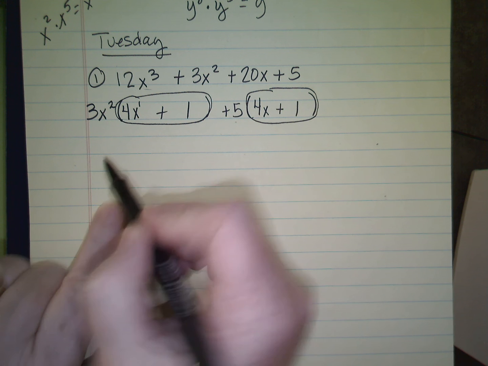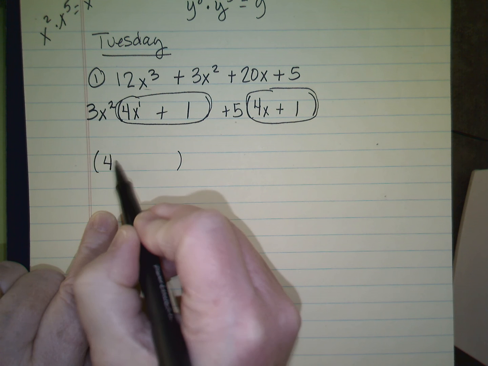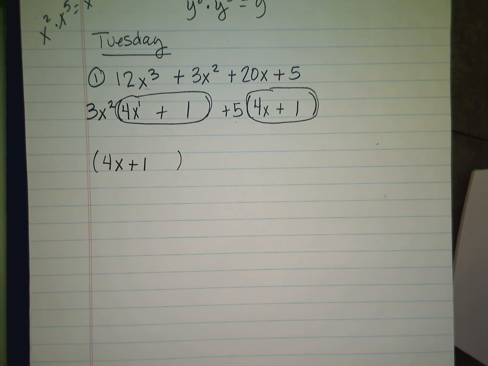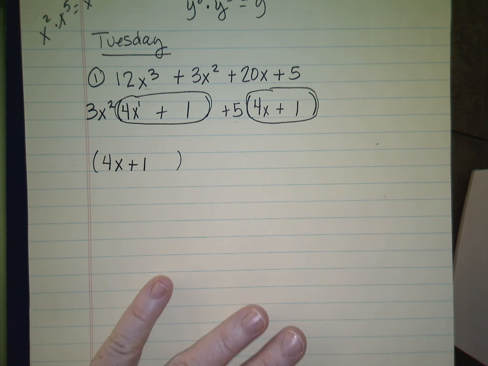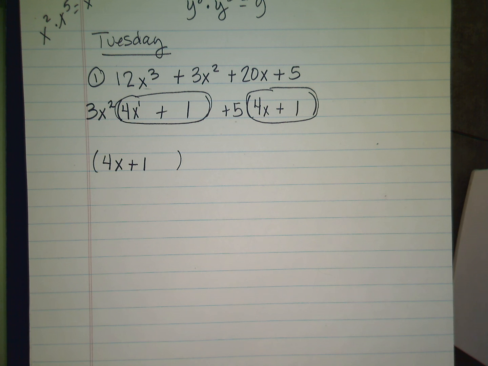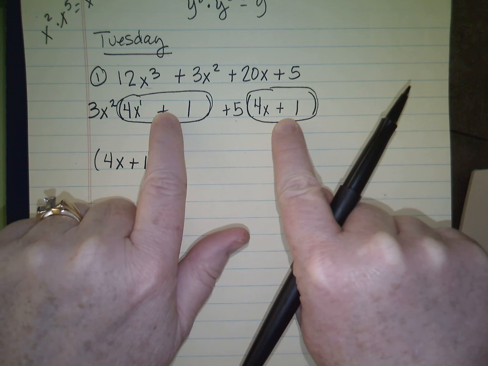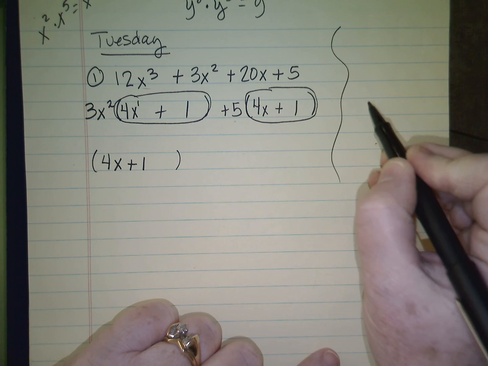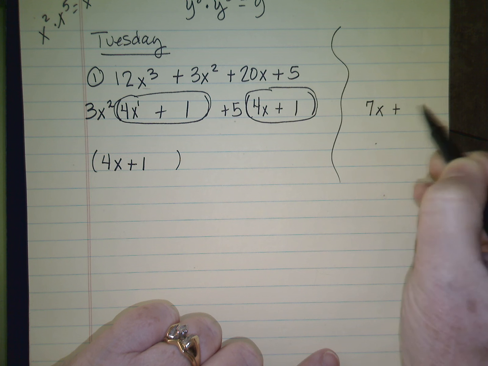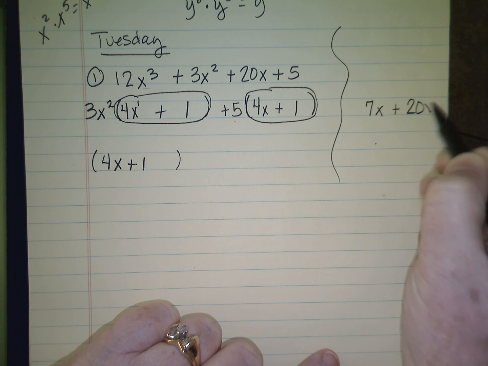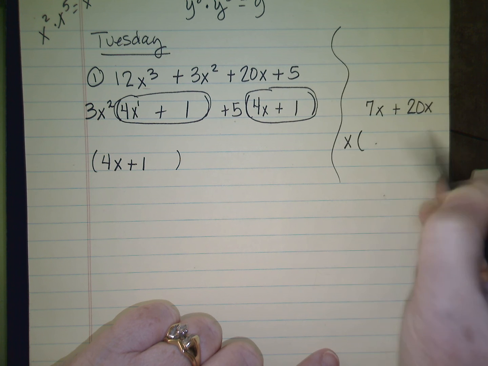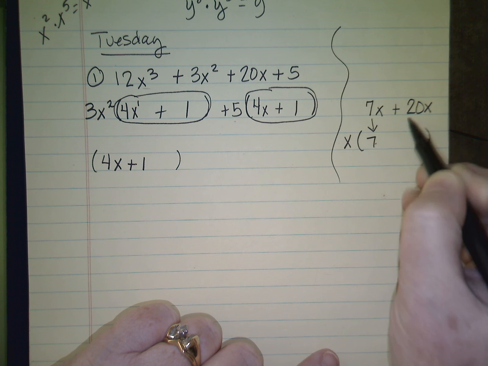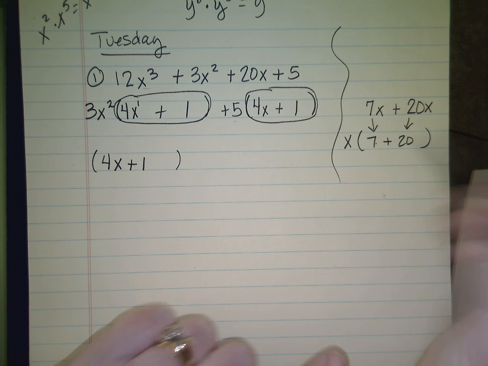Okay. You pull it over here in like a common factor, okay? You do this one more time, but this time your common factor is the parenthesis. So you pull that out. Very similar to if I had 7x plus 20x. I'd pull the x over here, and then I'd be left with the 7 and the 20, okay?